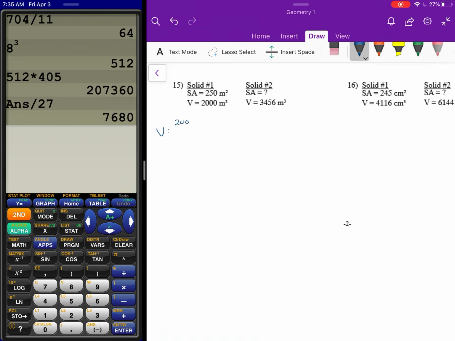So the ratio is going to be 2,000 over 3,456. Now we want to reduce that. So 2,000, 4 definitely goes into that. So let's reduce by 4 to start with. Maybe even higher numbers go into it. We could play around with it a little bit. Let's try 16.